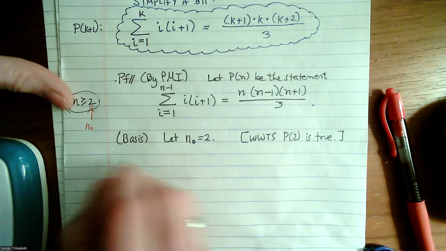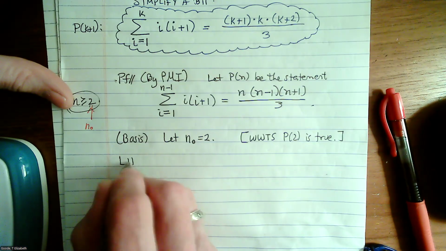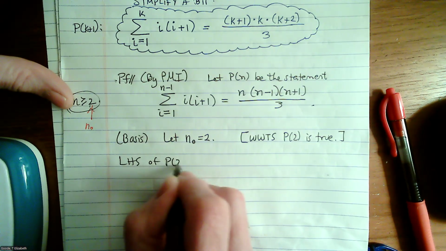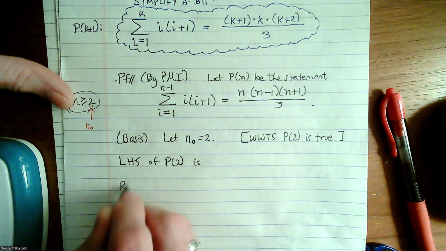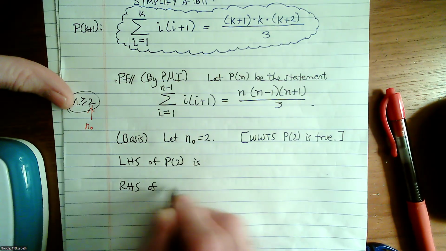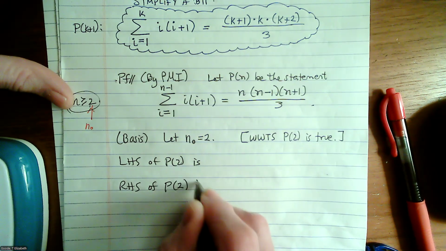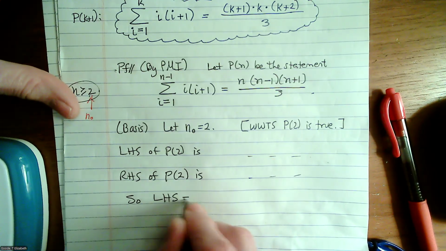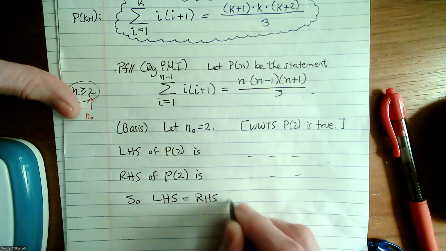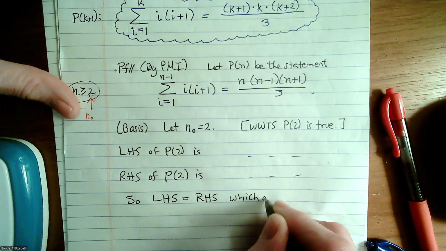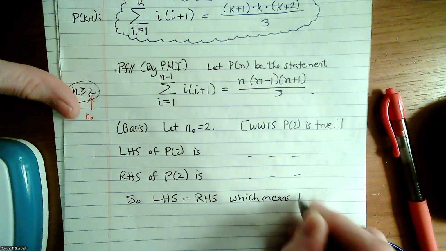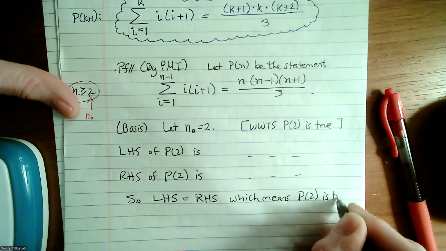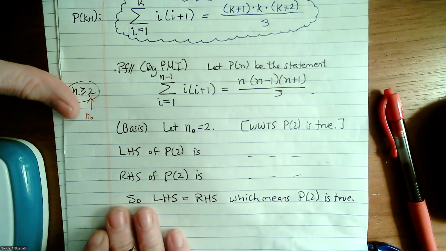And so you can write the left-hand side of P of 2 and then the right-hand side, I'm not going to write it all again because we already have it, and then we realize, oh okay, so the left-hand side equals the right-hand side, which means P of 2 is going to be true, right? We've already done that, but you would just rewrite it here in the formal proof as the basis step.